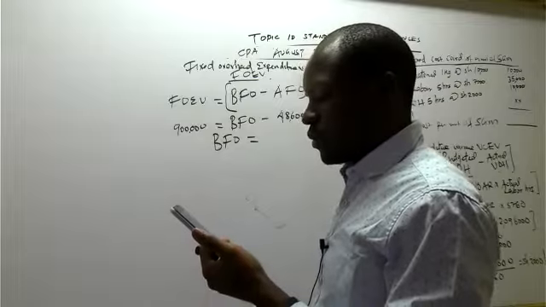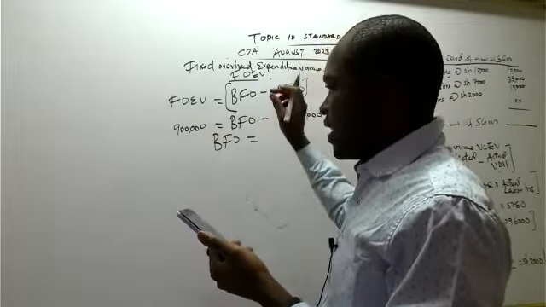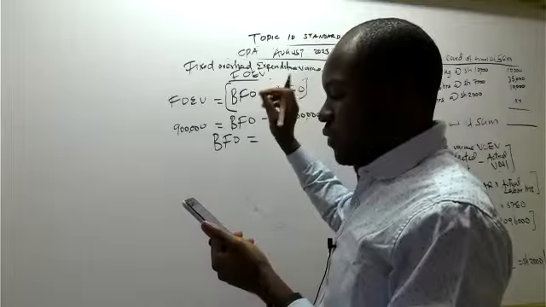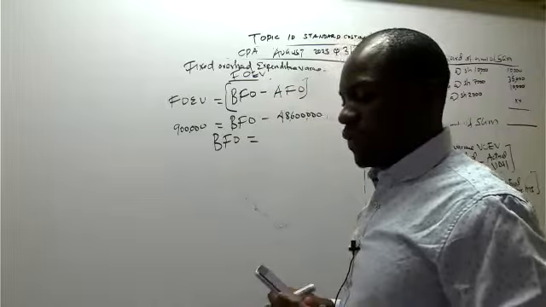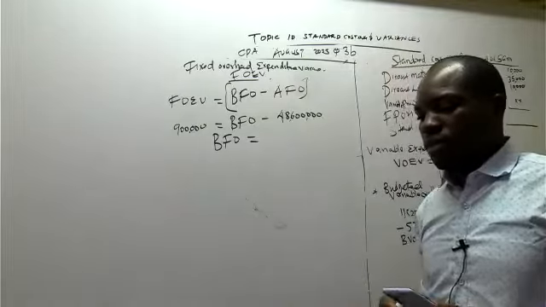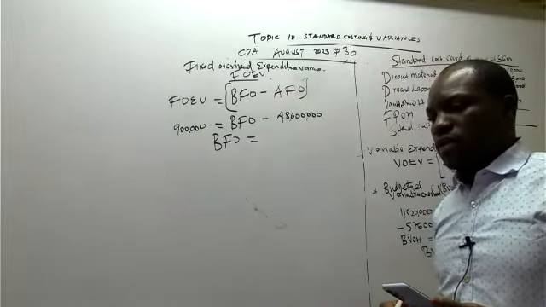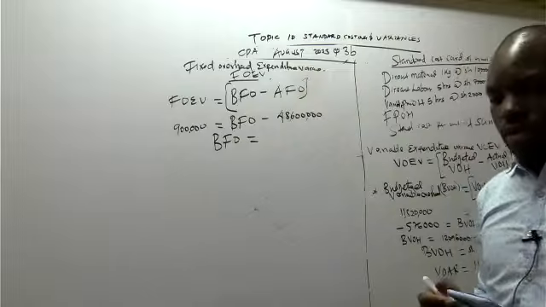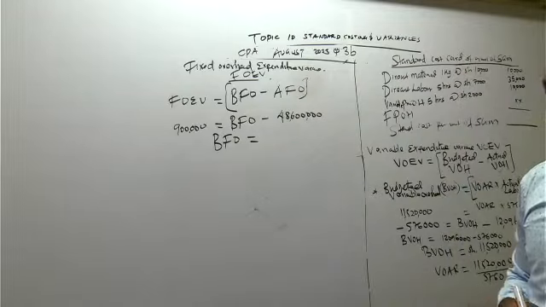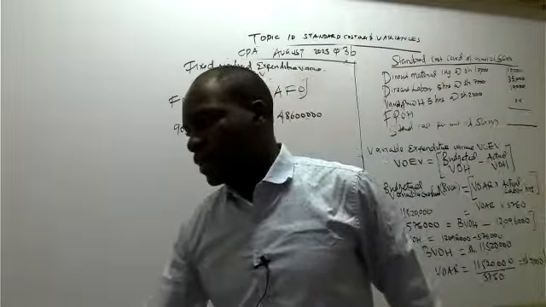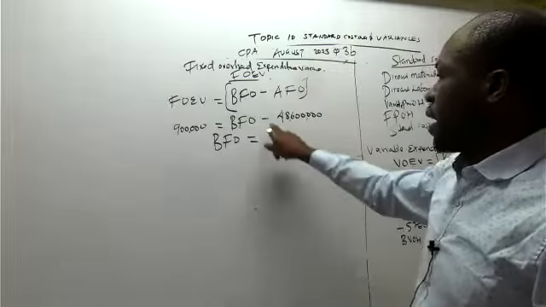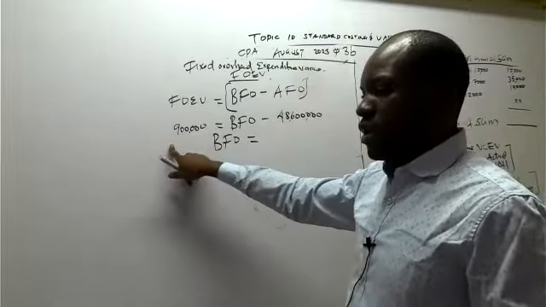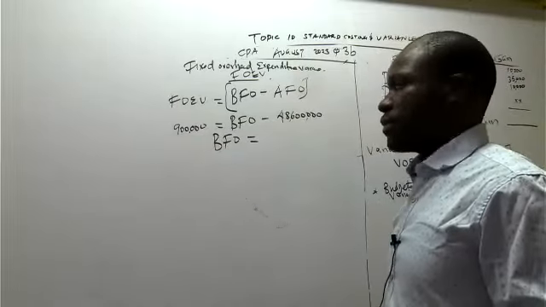Look carefully. The figures are given in thousands, and 48,600 is also given in thousands. So look carefully. What do you have there? We add. This one is negative, when it comes this side it becomes positive.